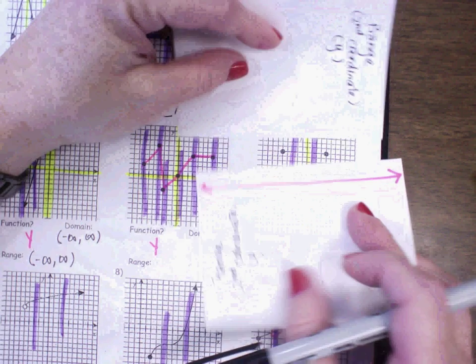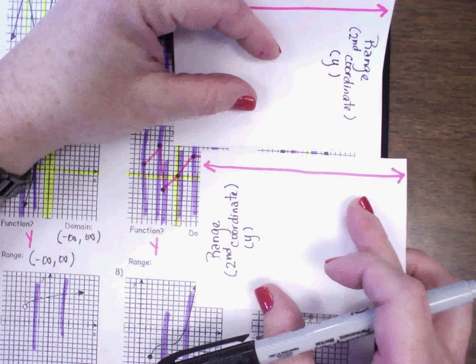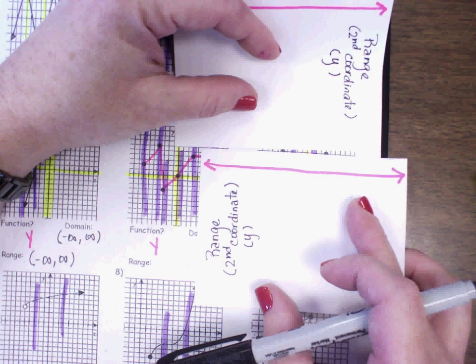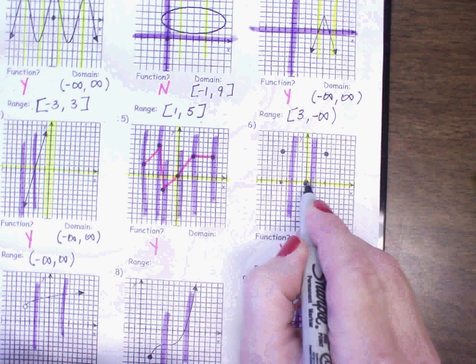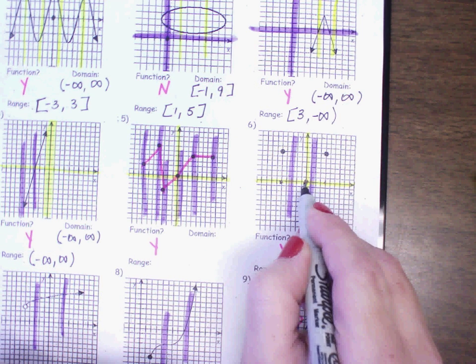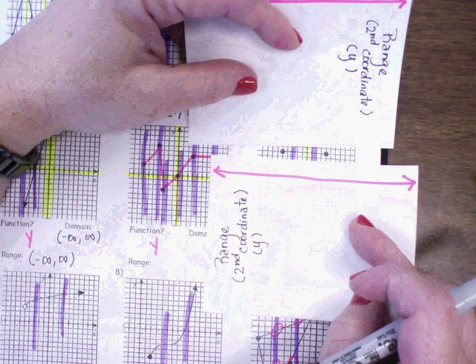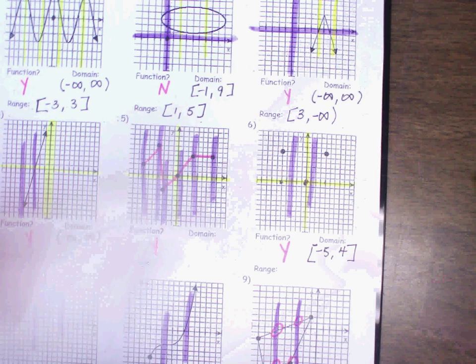What about my range? This one is interesting. What happens with the range? It's 0. That's 0. So what happens with the range over here? Look at it.